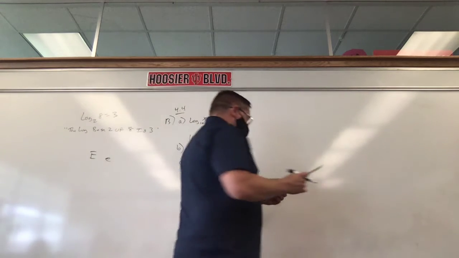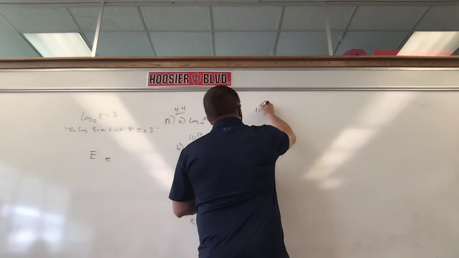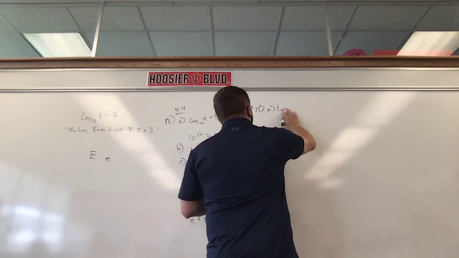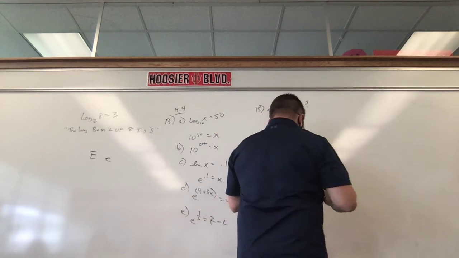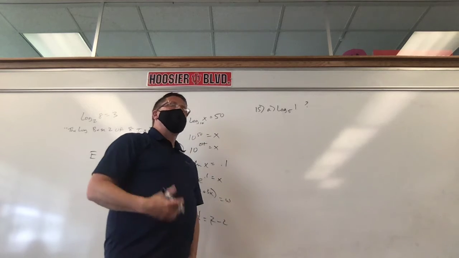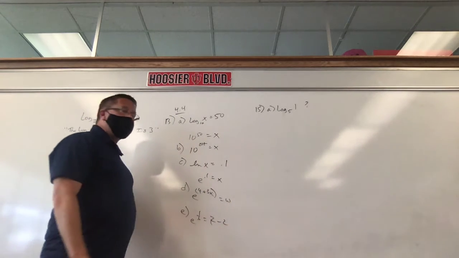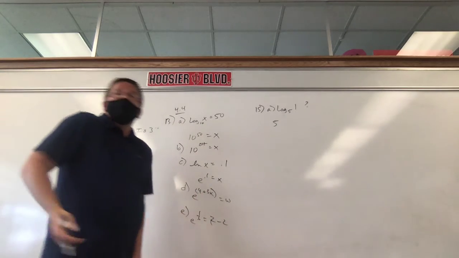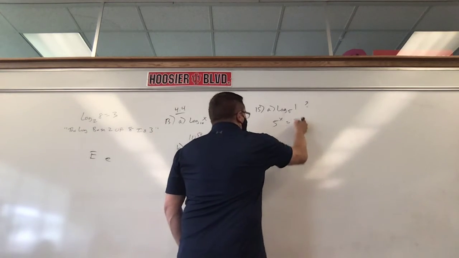So number 15, find the number if possible. They want the log base 5 of 1. If you're not sure what it is, rewrite it. Our base is 5, so they're asking 5 to what power is 1?